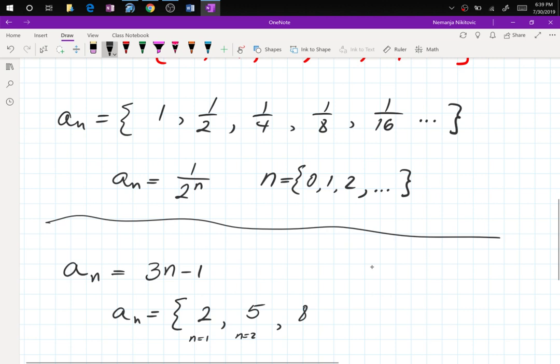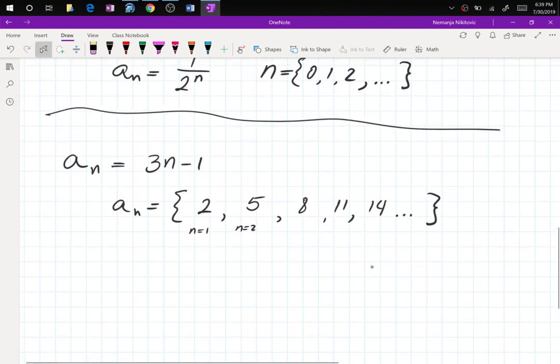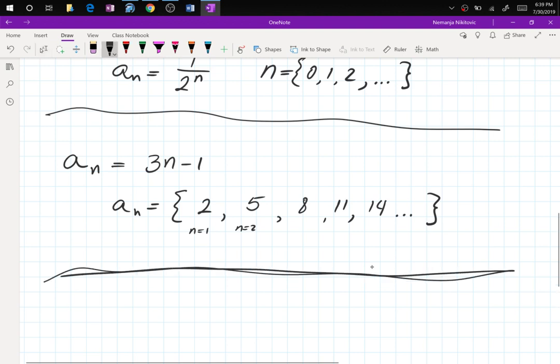And then you'll have 8, and then 11, 14. So they increase by 3, going on to infinity. So a sequence is nothing scary and spooky. It is just a list of numbers, and then you look at that list of numbers and you try to find a pattern, try to find what the formula is.